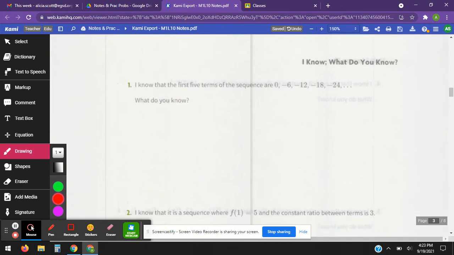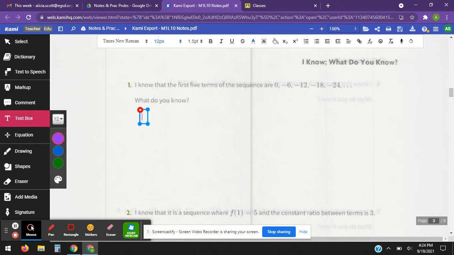First one. I know the first 5 terms of the sequence are 0, -6, -12, etc. Before I add terms, I need to know what's going on. Is this arithmetic or geometric?